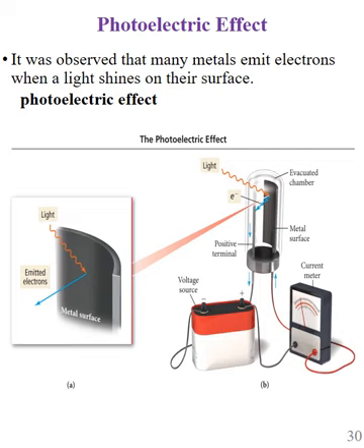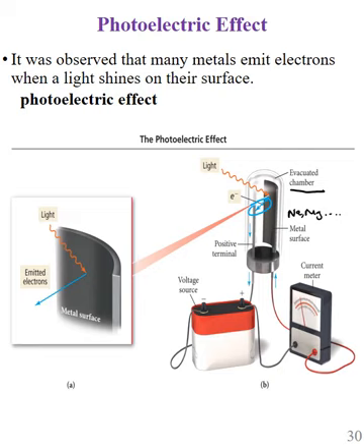So you have this evacuated chamber here, and you have a metal surface. They looked at different metals, such as sodium, magnesium, and so forth. But each metal was composed of only one thing. So let's say sodium. Then they shined light on this metal surface, and what they noticed was that electrons would be emitted from it.